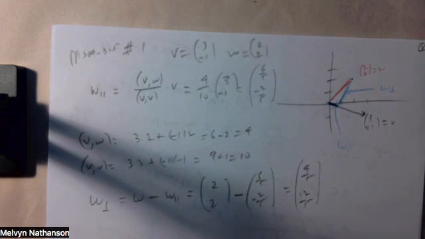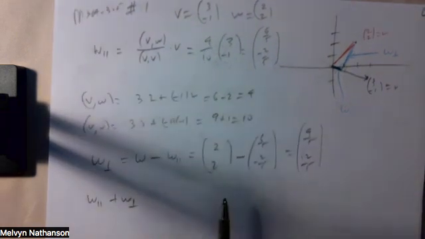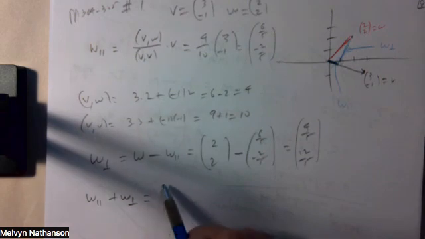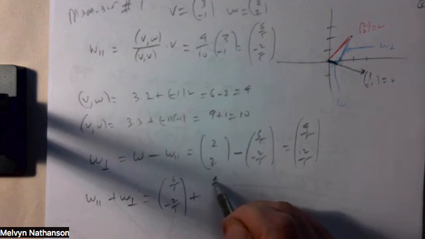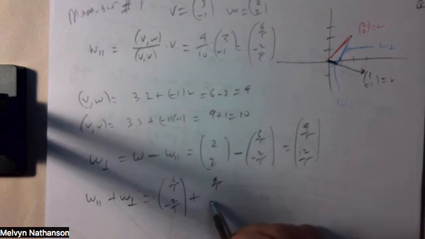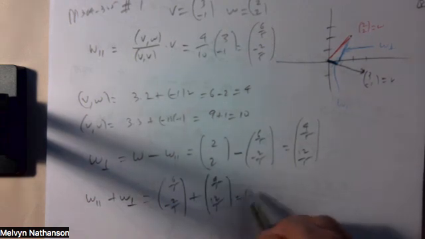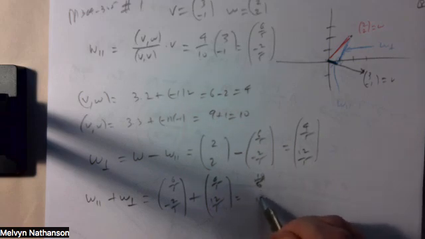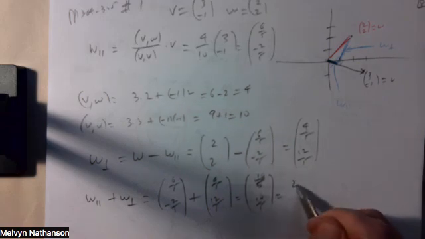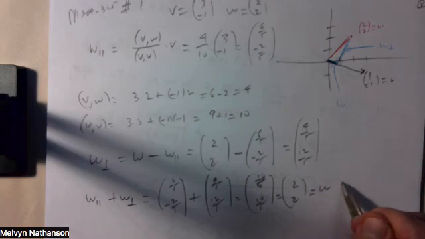Let's just check. If I take W parallel plus W perp, this is equal to (6/5, minus 2/5) plus (4/5, 12/5). That's 10/5, 10/5, which is 2, which is W.